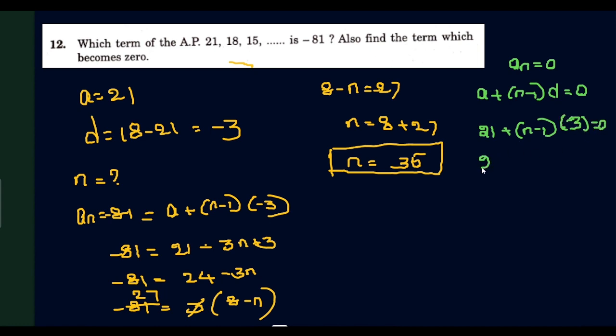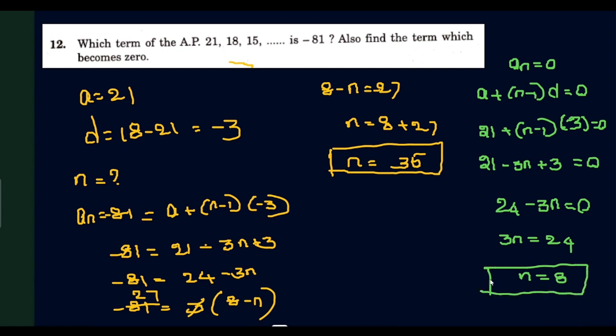Now 21 minus 3n plus 3 is equal to 0. That is nothing but 24 minus 3n is equal to 0. So 3n is equal to 24 and n is equal to 8. So the eighth term is 0 and the 35th term is minus 81. Got it? So this is how we can find the answer. And for this, you'll get again 4 marks.